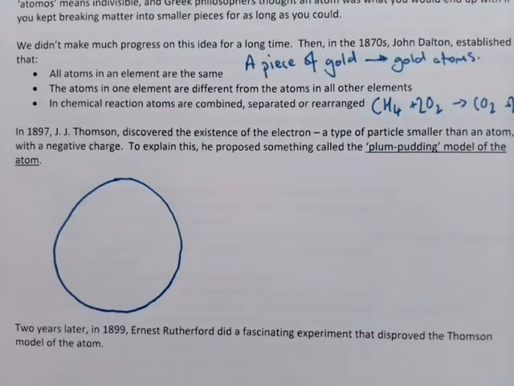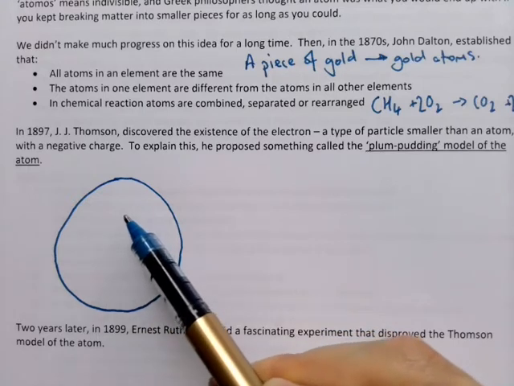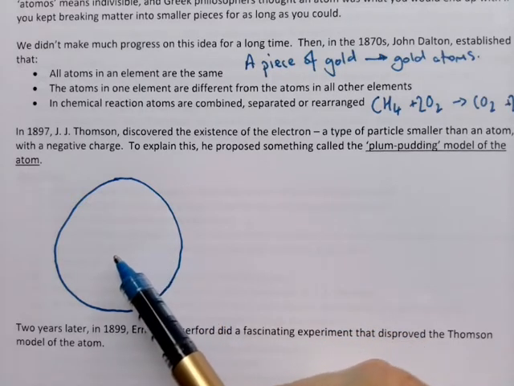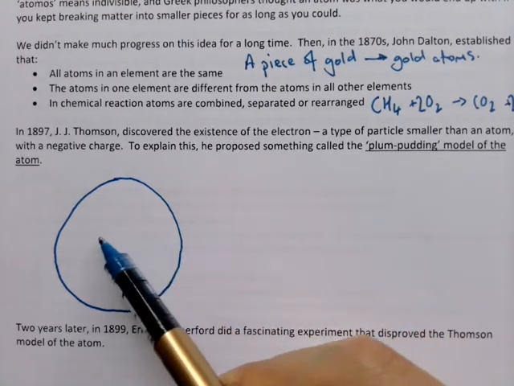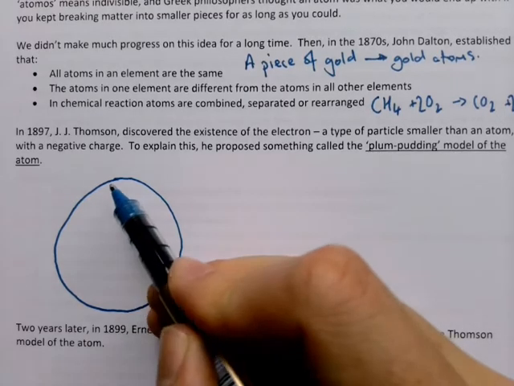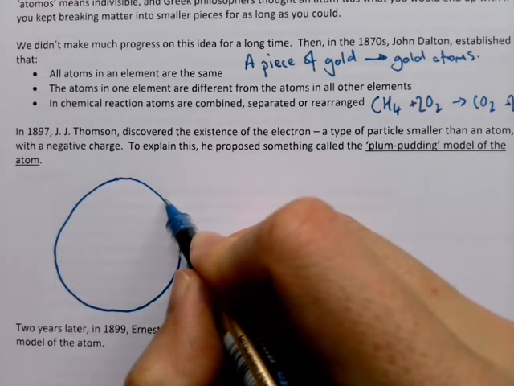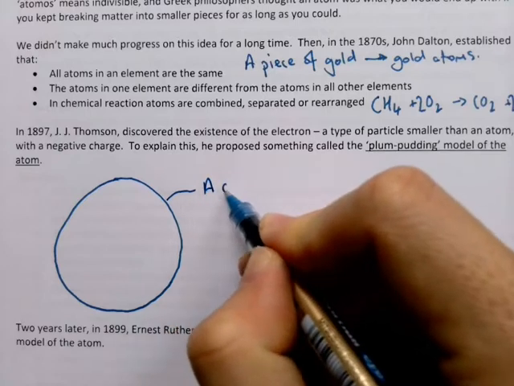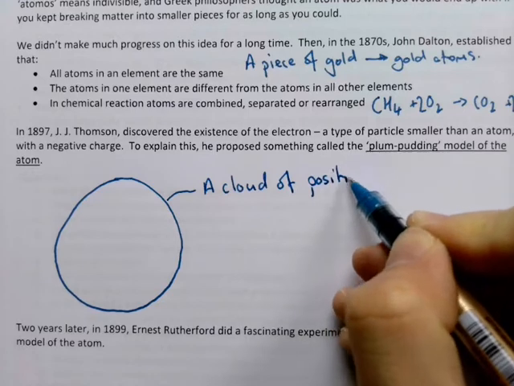All right. So, in a Christmas pudding, what you've got is lots of fruit, lots of raisins and currants, bits of fruit stuck into the plum pudding. And he thought that an atom was like this, but instead of having this cake, what you've got is a cloud of positive charge.